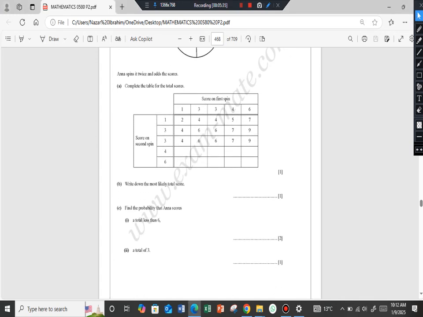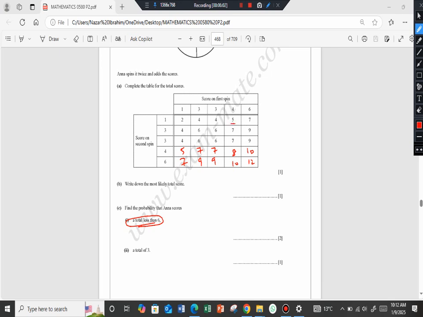Find the probability that Anna scores a total less than 6. First, I have to write it again so that we can do this question. 4 plus 6, 10; 6 plus 1, 7; 6 plus 3, 9; 6 plus 3, 9; 6 plus 4, 10; 6 plus 6, 12. Total less than 6 means 5, 4, right?